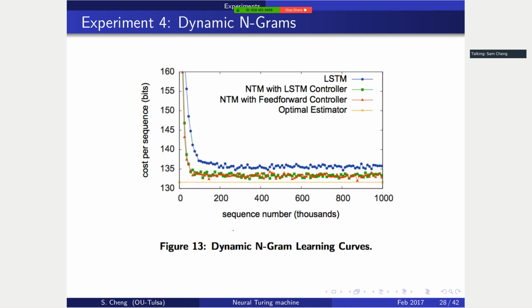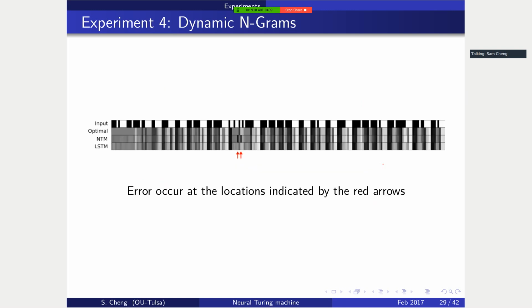But if you use a Bayesian optimal estimator, you will have a cost like this. Here they also compare with LSTM and so on, and again the NTM did better than LSTM.